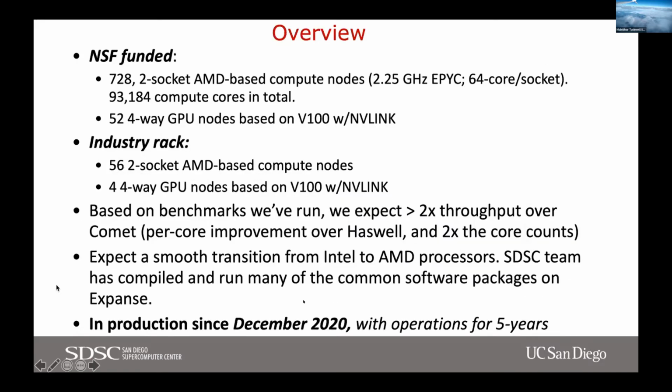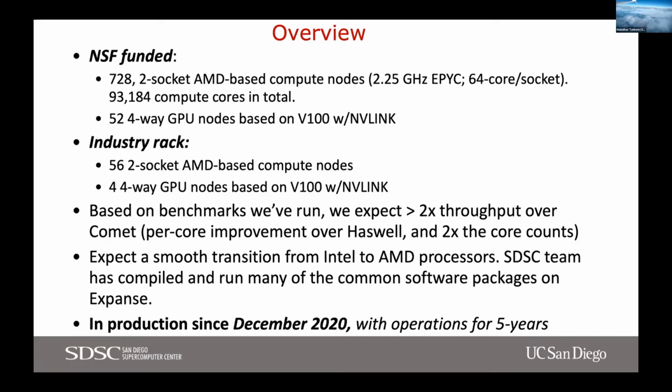So the system itself, the original system, as NSF funded, as I mentioned, was 728 nodes with about 93,000 cores and 52 GPU nodes with V100 GPUs. We just added an industry rack with 56 two-socket nodes. It's basically the identical scalable unit and 4 more GPU nodes.